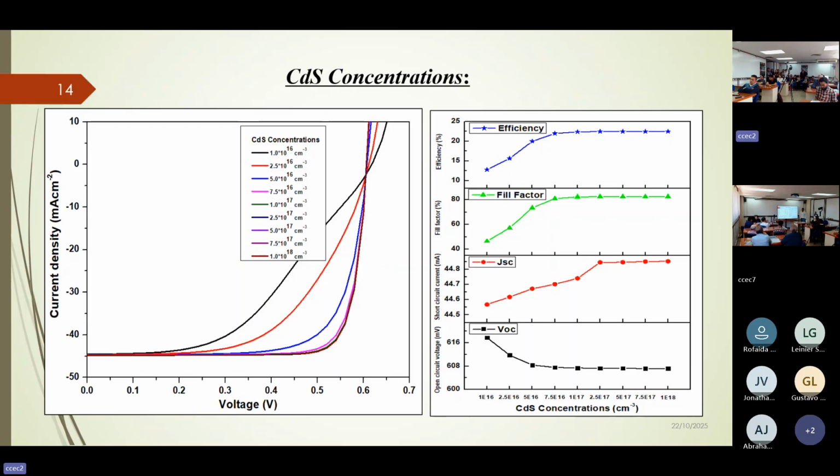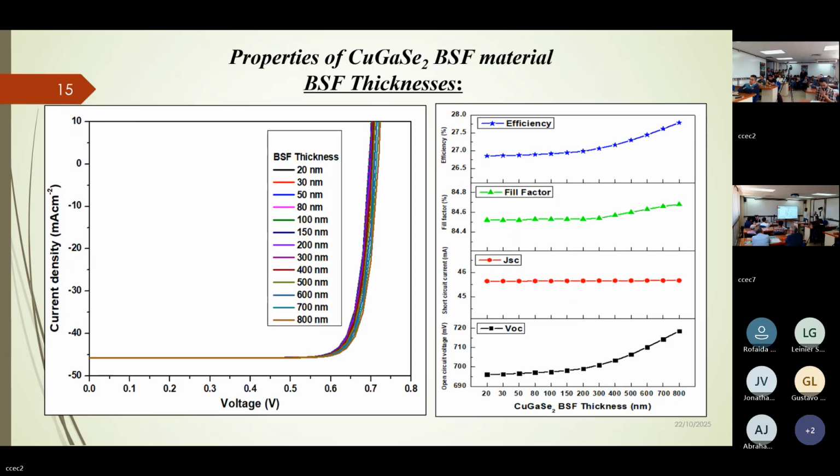What happens with higher concentration? It can help increase the space charge region toward the absorber layer, so it increases the absorption of incident photons and the generation of charge carriers, increasing the current density. This is the result. After these high values, the efficiency is constant.